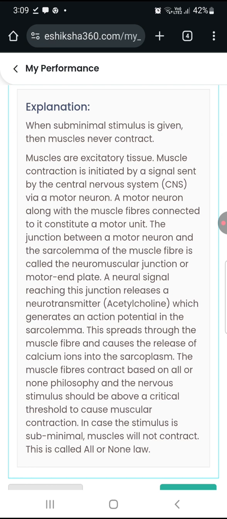The muscle fibers contract based on the all-or-none philosophy, and the nervous stimulus should be above a critical threshold to cause muscular contraction. In case the stimulus is subminimal, muscles will not contract. This is called the all-or-none law.